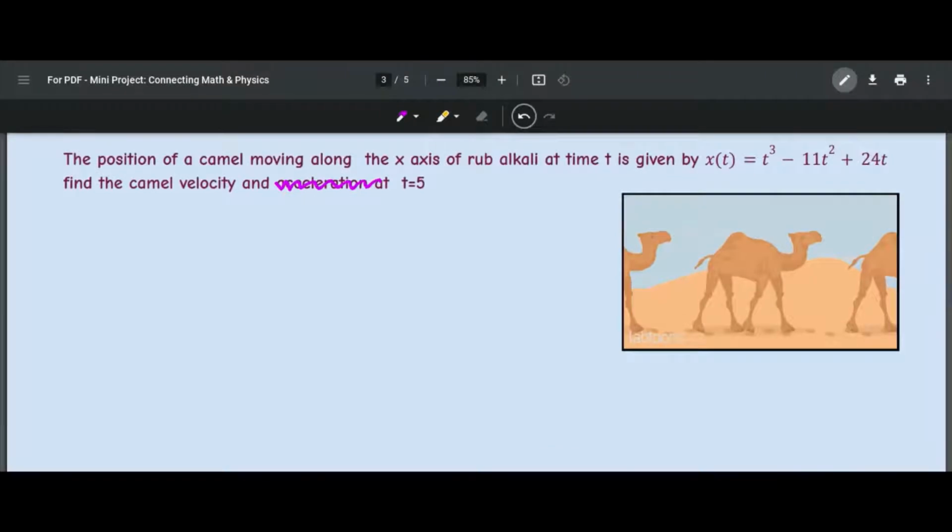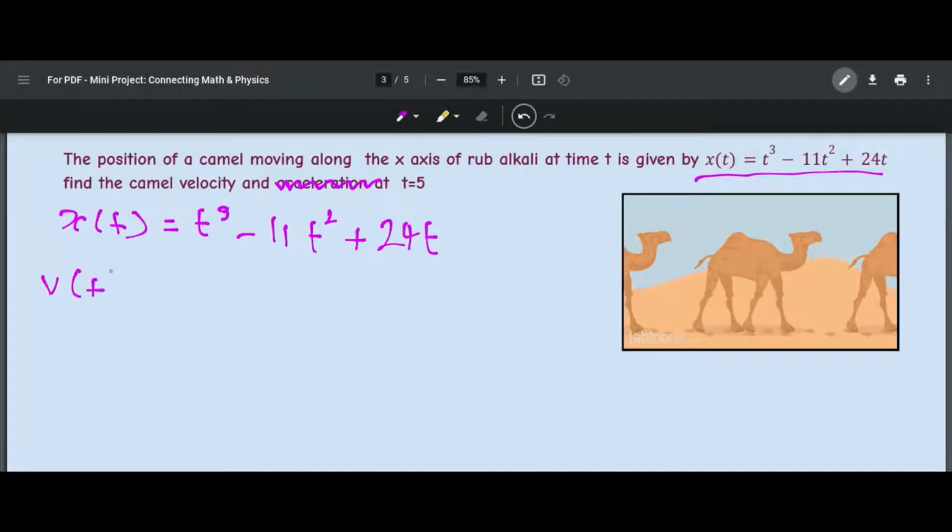So as we did before, we will rewrite the equation. So x of t equals t cubed minus 11t squared plus 24t. And then to find the velocity, we need to find the derivative of x of t.